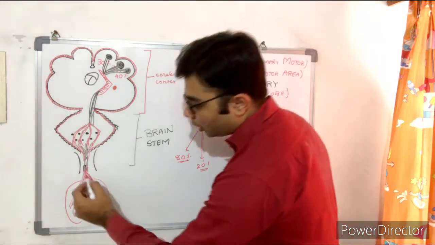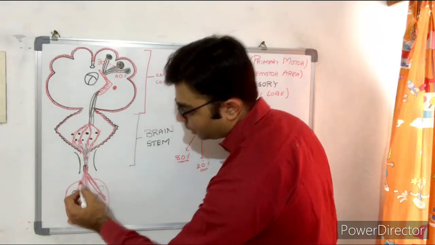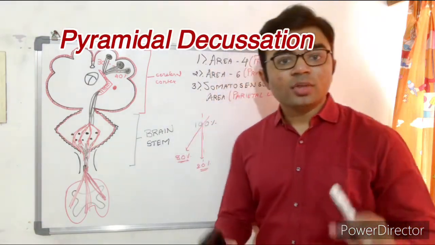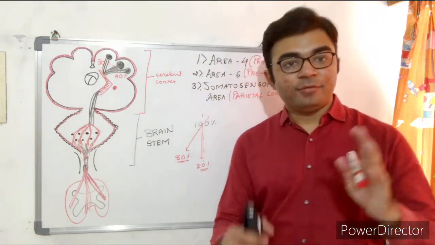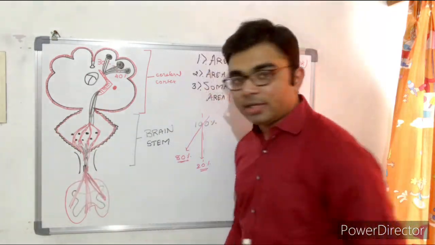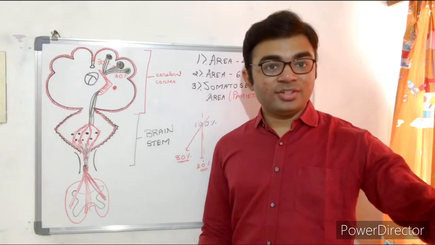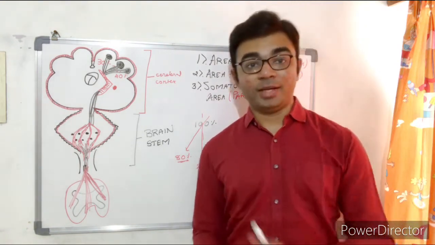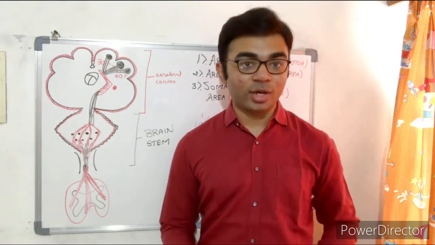This crossing of the fibers forms the pyramidal decussation. Crossing of the tracts from right to left and left to right forms the pyramidal decussation, and the remaining 20% are known as uncrossed fibers. Now in the spinal cord, we must identify the location.